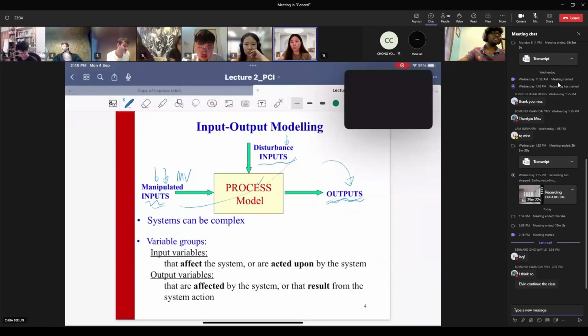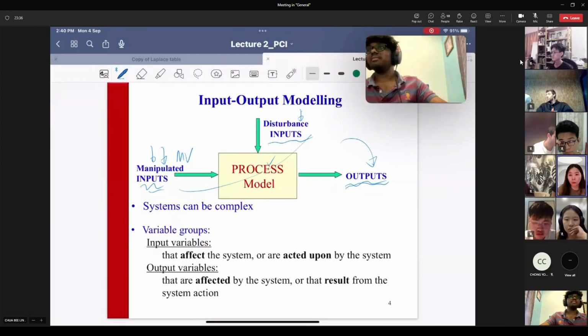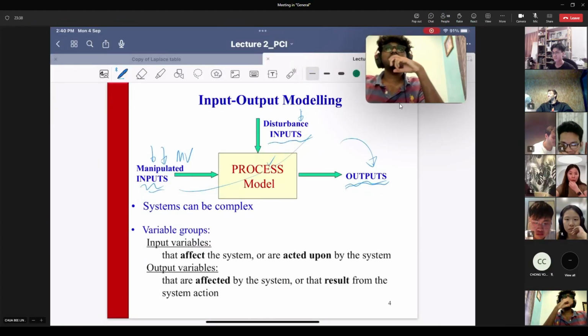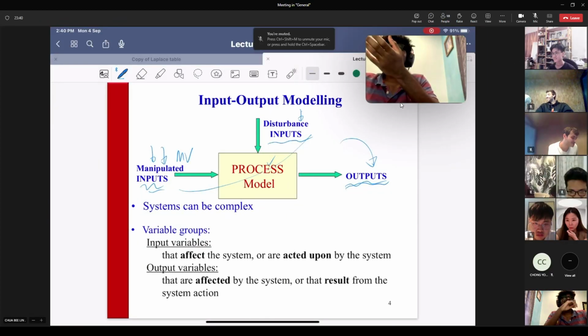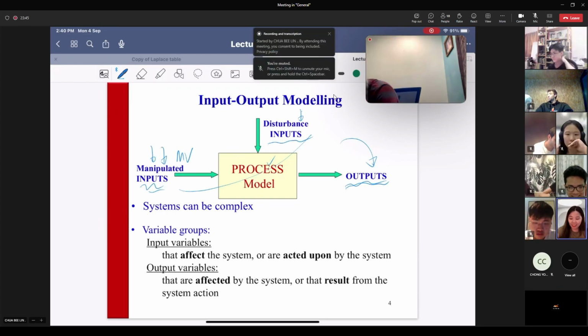Okay. Record. Not like totally drop, disconnect.